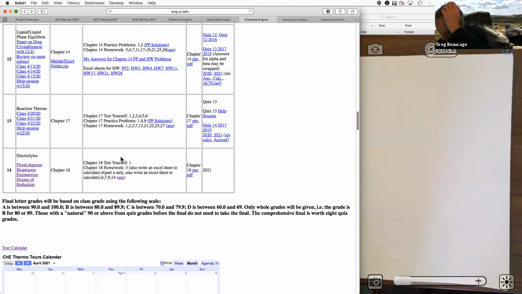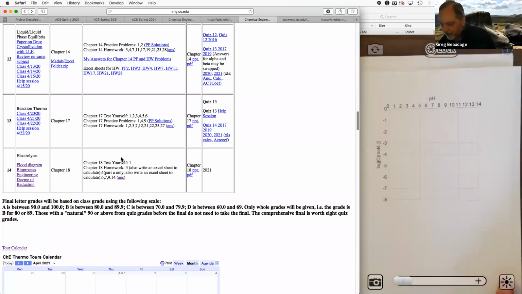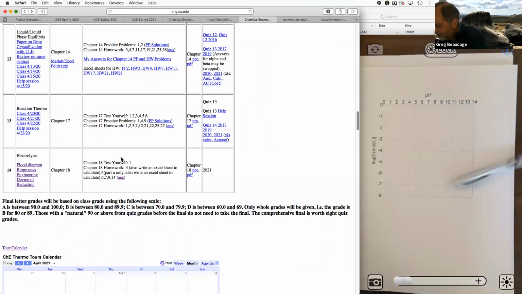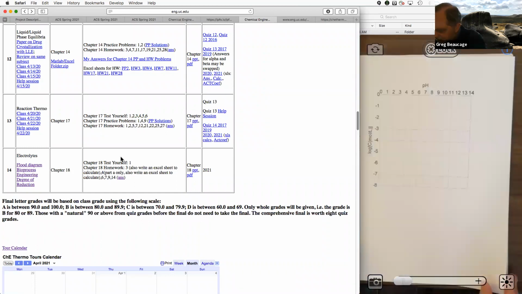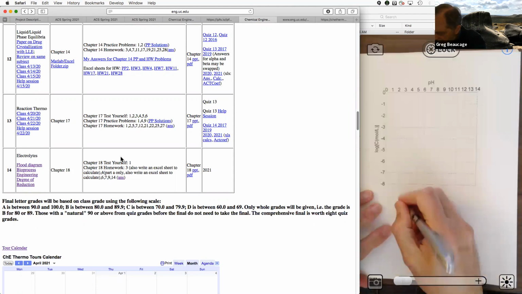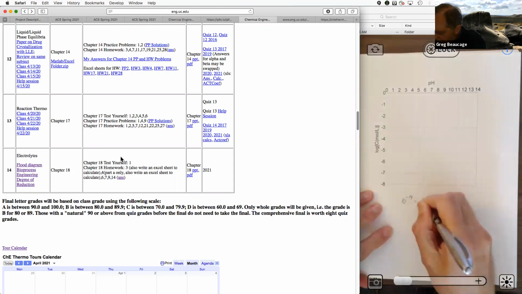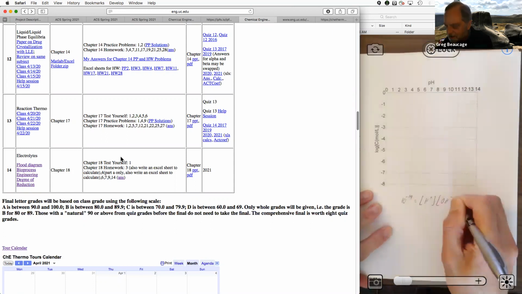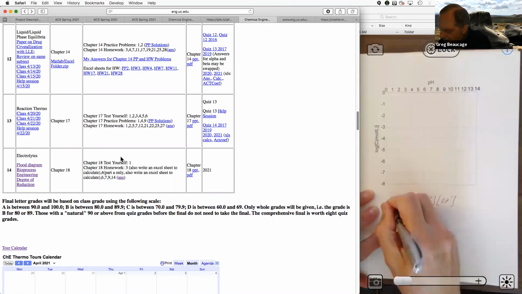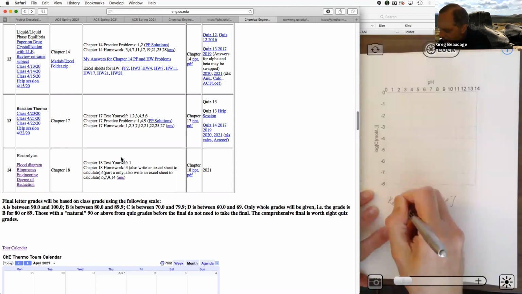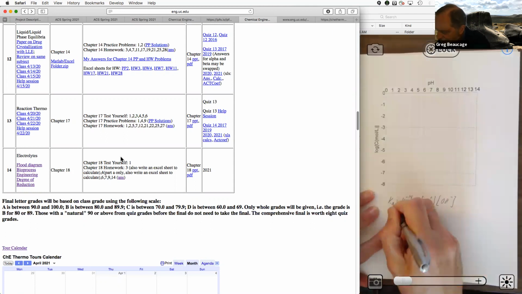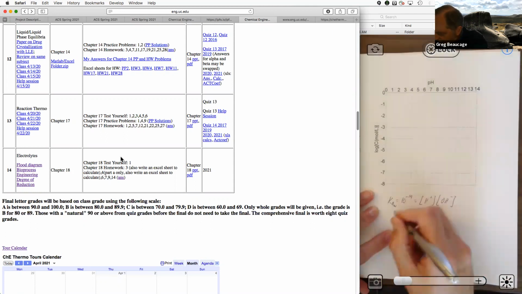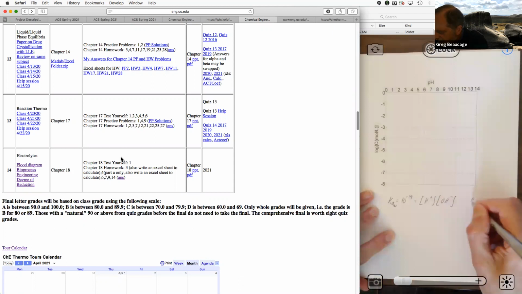Oops, I'm going to use another pen. Kind of a black hole here for pens. Anyway, 10 to the minus 14 is the proton and hydroxyl concentration product, the Kw for water. So H2O goes to H plus and OH minus, aqueous.